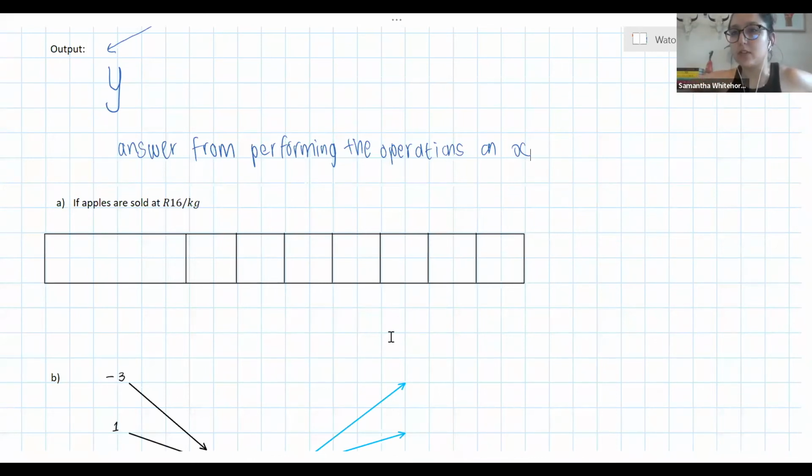Let's say I buy apples and apples cost 16 Rand a kilogram. So my first question is, if I buy 1 kilogram, how much do I pay? How much am I going to pay for 1 kilogram of apples if it costs 16 Rand per kilogram? You can put it in the chat. You can raise your hand if you want, but that's my very first question.